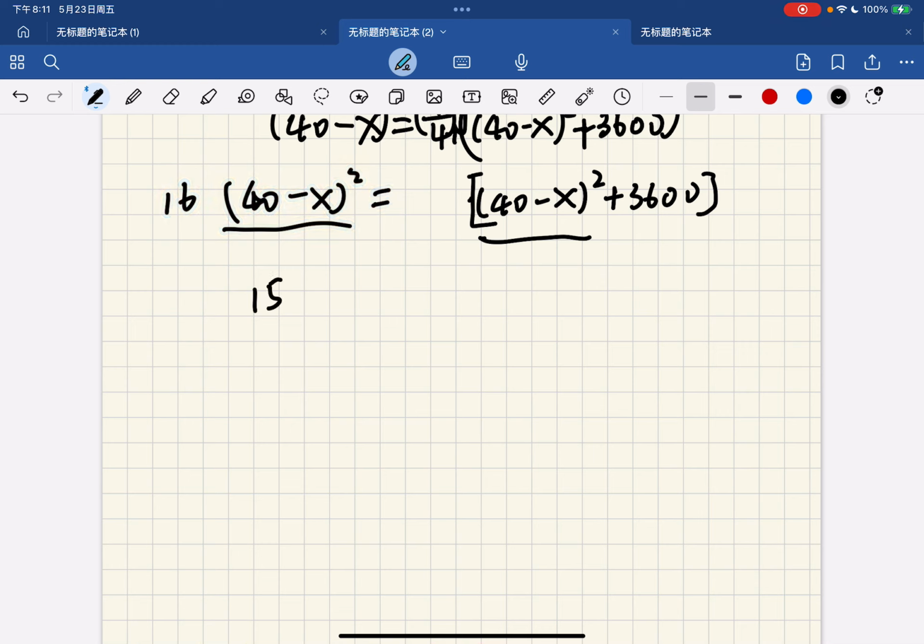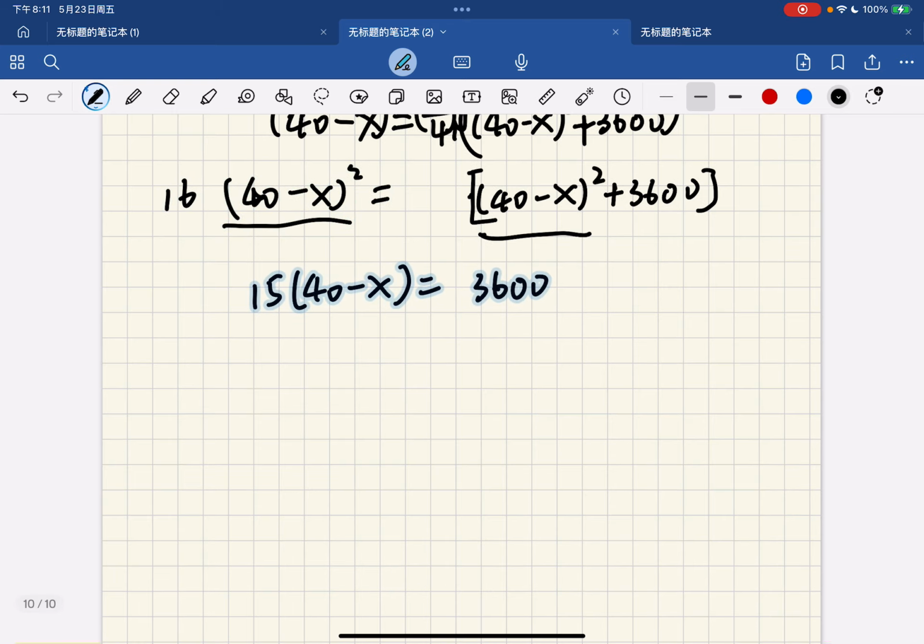Which equals to the following, and we can do a further calculation.